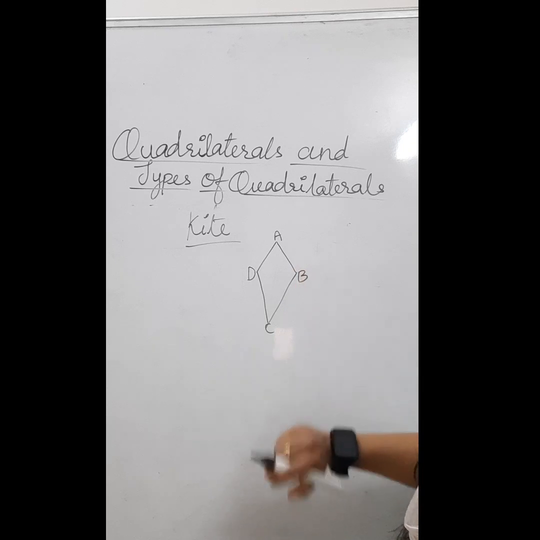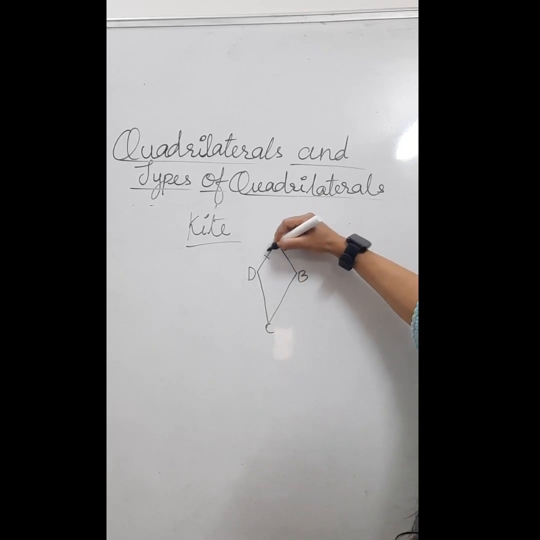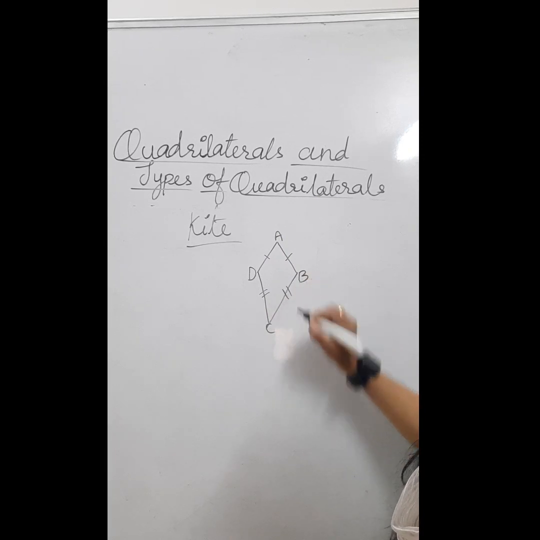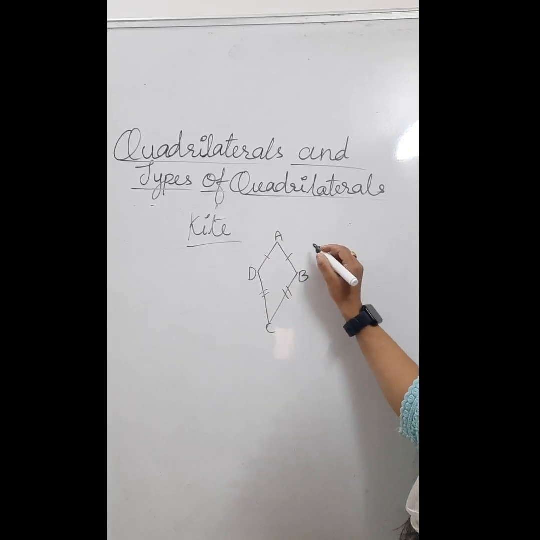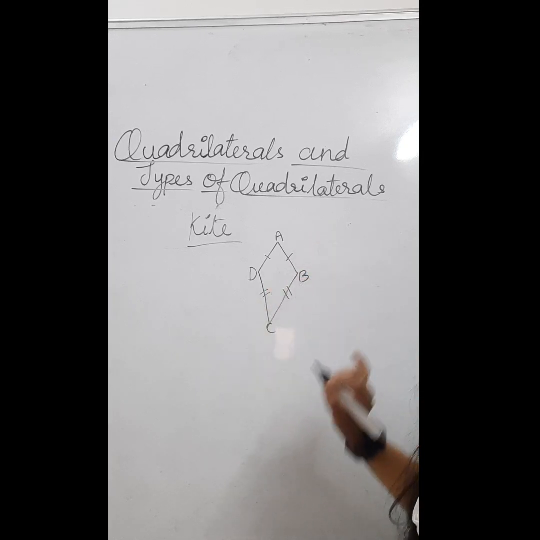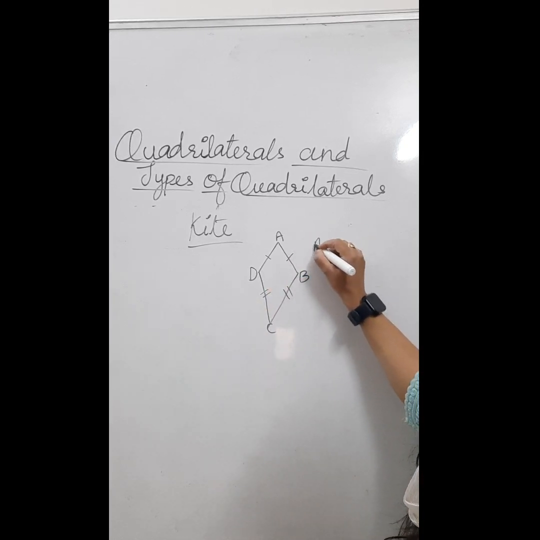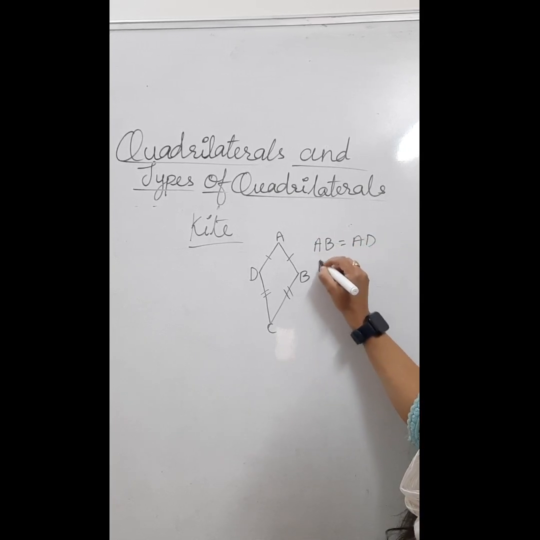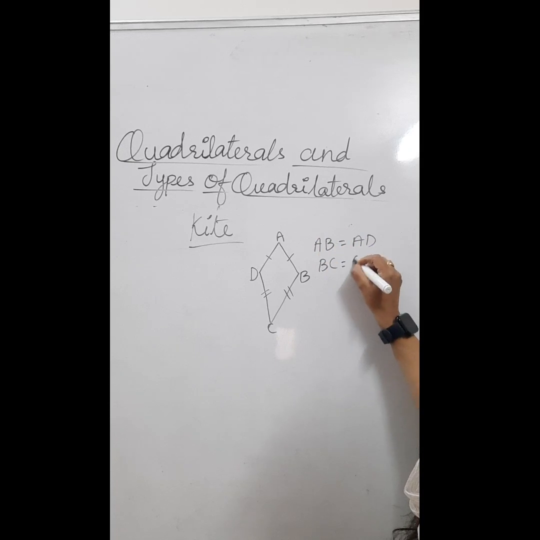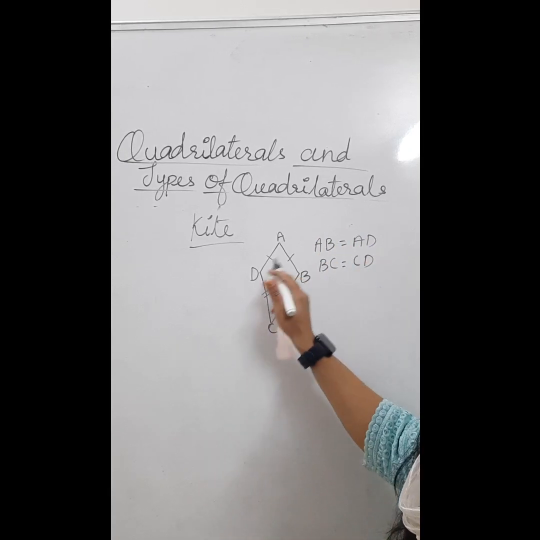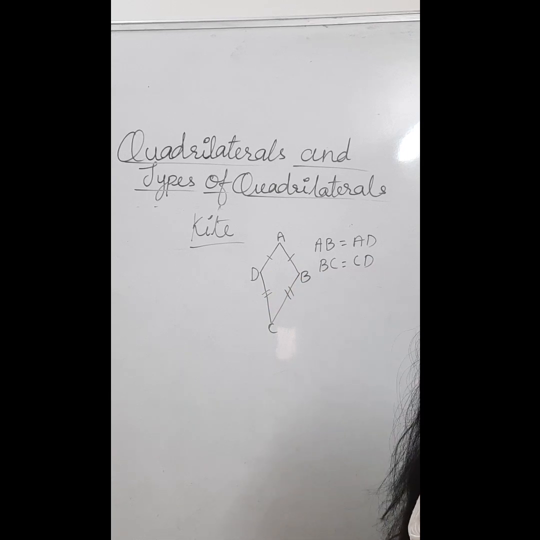Here in this case, its pairs of adjacent sides will be equal. For example, ABCD is a kite where AB is equal to AD and BC is equal to CD. So, a kite is a quadrilateral where its pairs of adjacent sides are equal to each other.